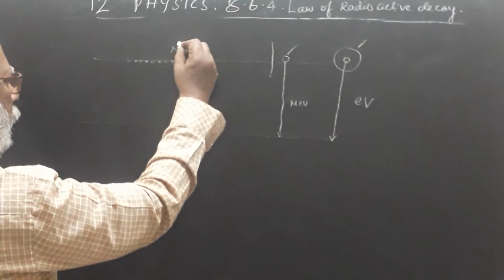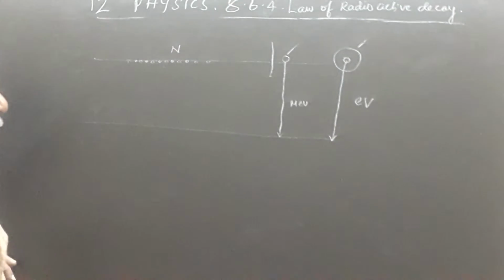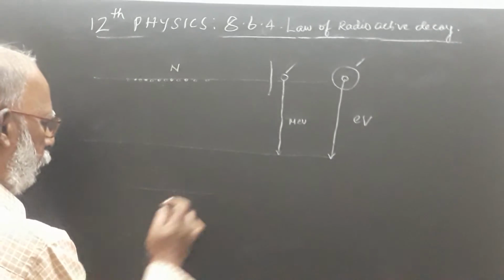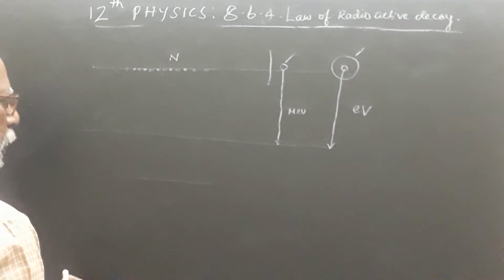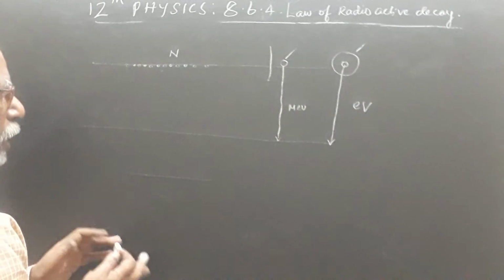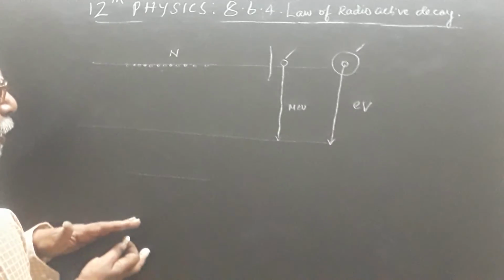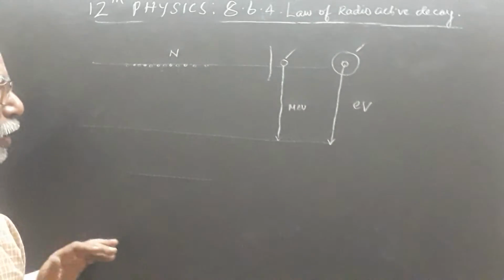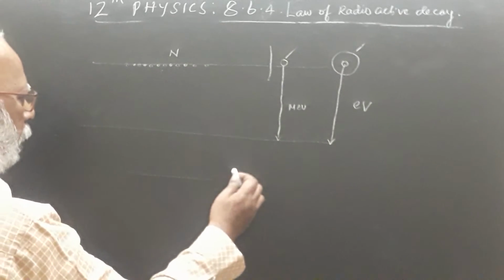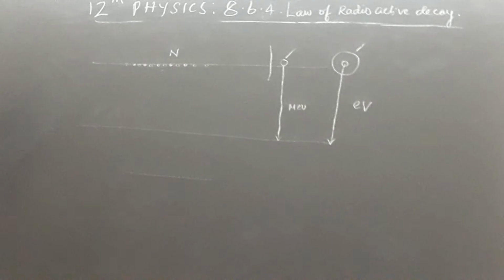If you consider n nuclei, which one is going to decay first? We can only approximately say that within a period of time, the decay, or shifting from the higher energy level to the lower energy level, may be calculated in a probability manner. By probability, we can't give any assurance.